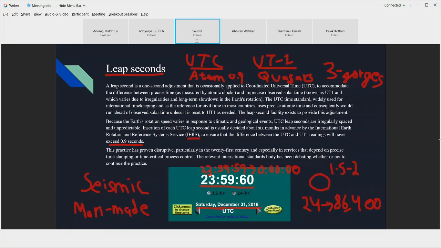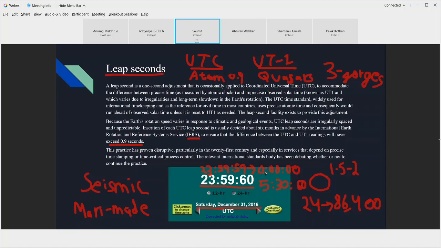This is the UTC time. The Indian time would have been 5:29:60 for India. So this is the time when the leap second was implemented in India, on December 31, 2016.